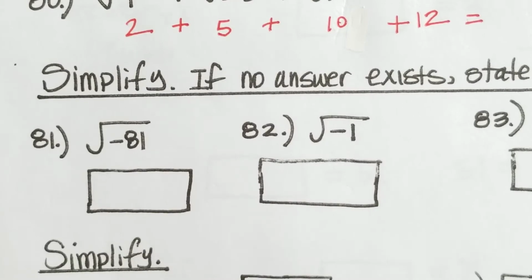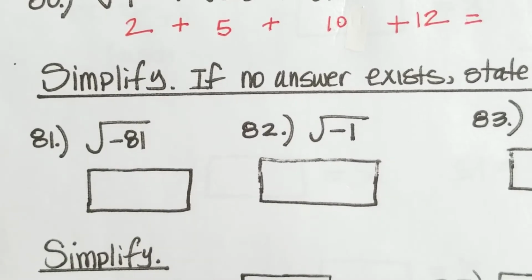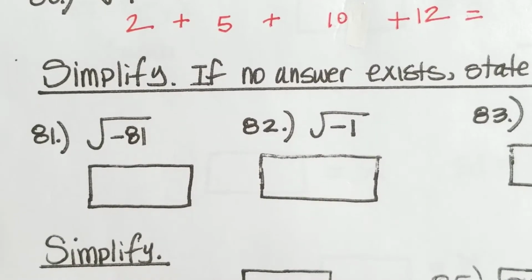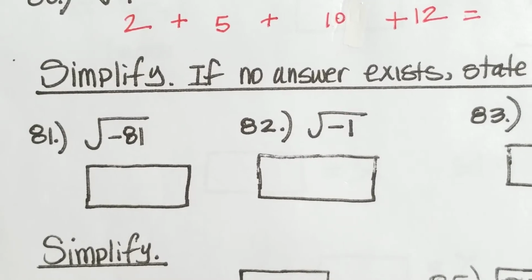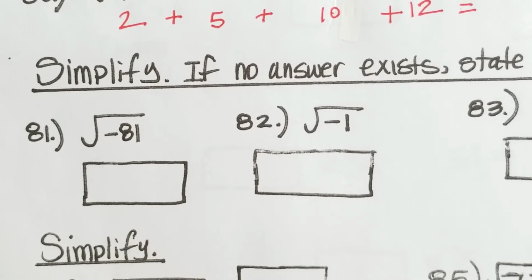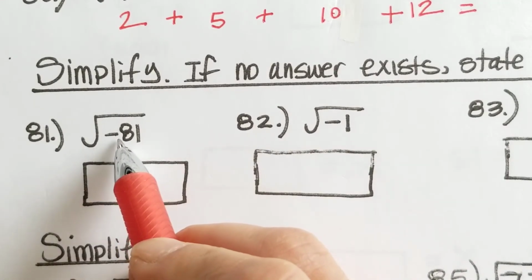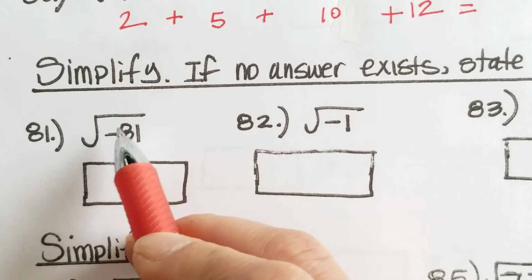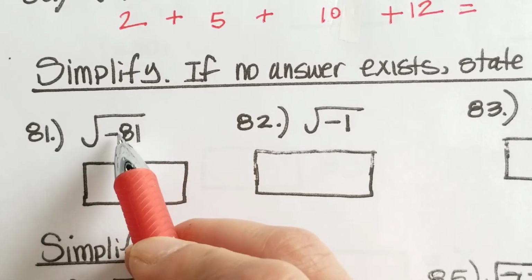For 81 through 83, you're going to simplify these square roots or radicals, and how you do that is the same way. I will remind you that if you have a negative inside the radical, so if this radicand, as it's called, is a negative, it does not exist.